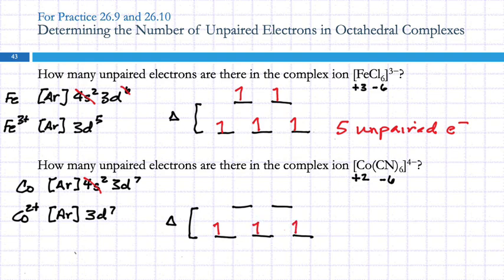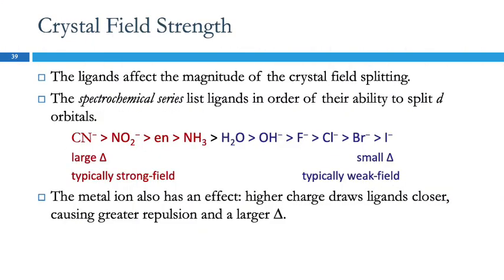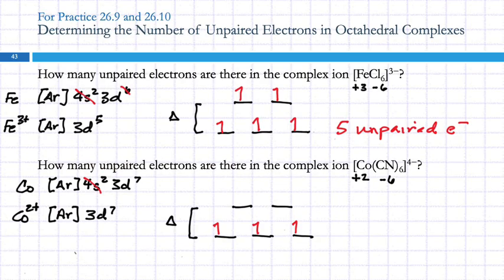Well, we need to know, strong field or weak field? So the cyanide. Again, we're going to go back and look at the list. Oh, cyanide's up here. This is big split, right? So is this 4th electron going to go up there? No, it's going to cost a lot of energy. So it's going to go in here. So there's 4, 5, 6, and then this guy has to go up there. So for this one, we have 1 unpaired electron.